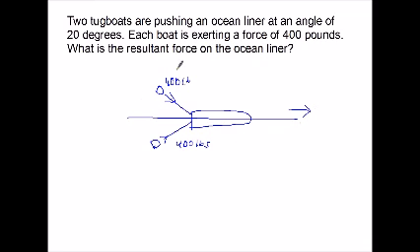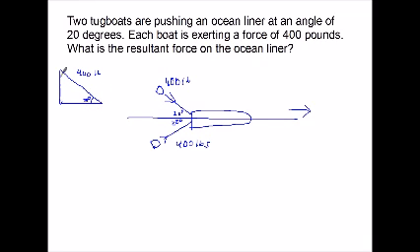Let's break this into the component forms. So this is an angle of 20 degrees here and 20 degrees here. Each of these boats can be analyzed by their components. So the first boat looks like this. It's got a force of 400 pounds. But I've got an angle of 20 degrees here. And so we can use a little trigonometry here.